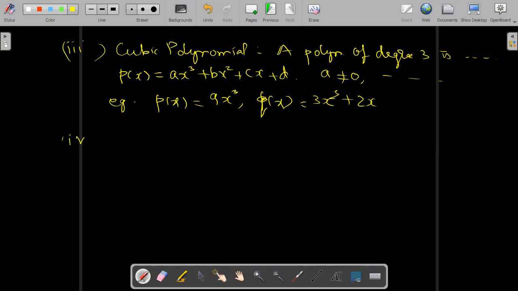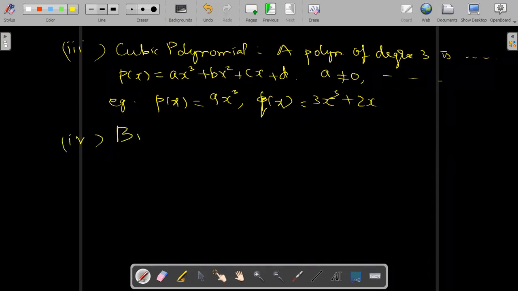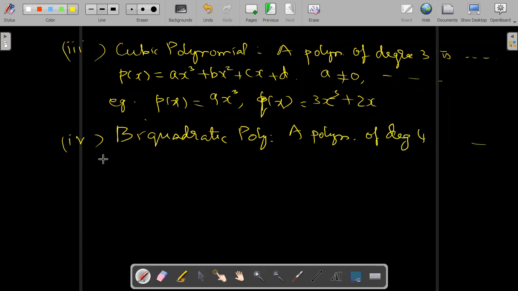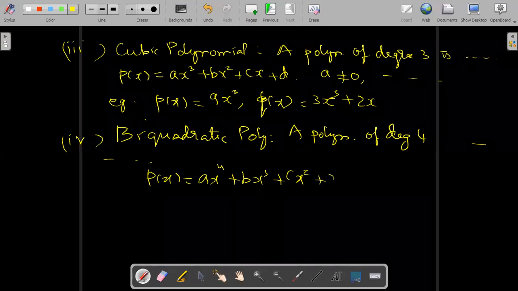And one more you should write, that is called the biquadratic polynomial. A polynomial of degree 4 is called a biquadratic polynomial, and it can be written as px is equal to ax to the power 4 plus bx cube plus cx square plus dx plus e.